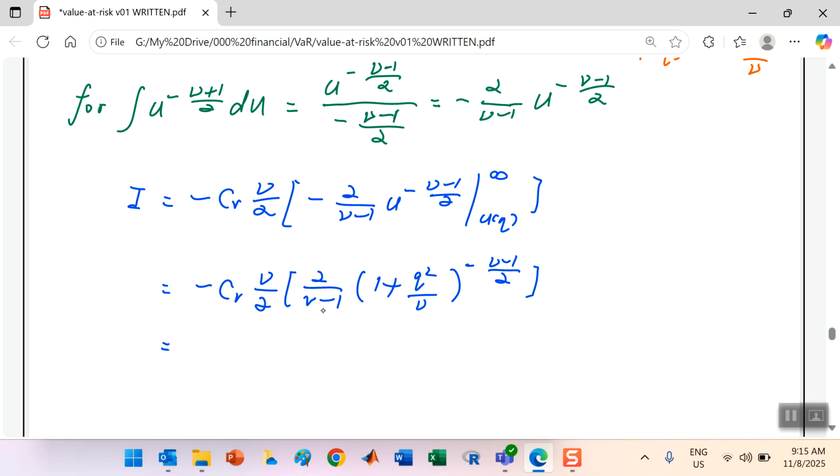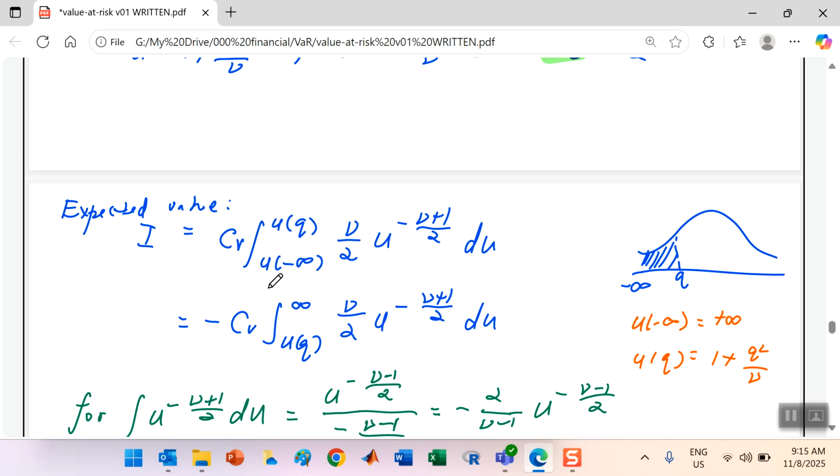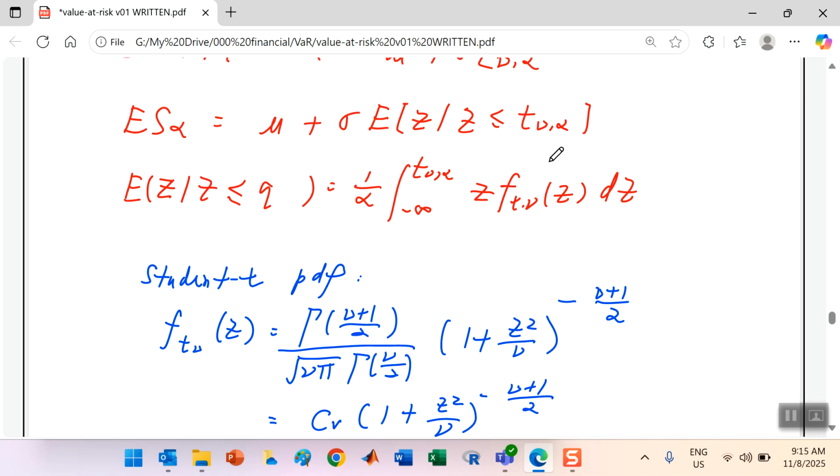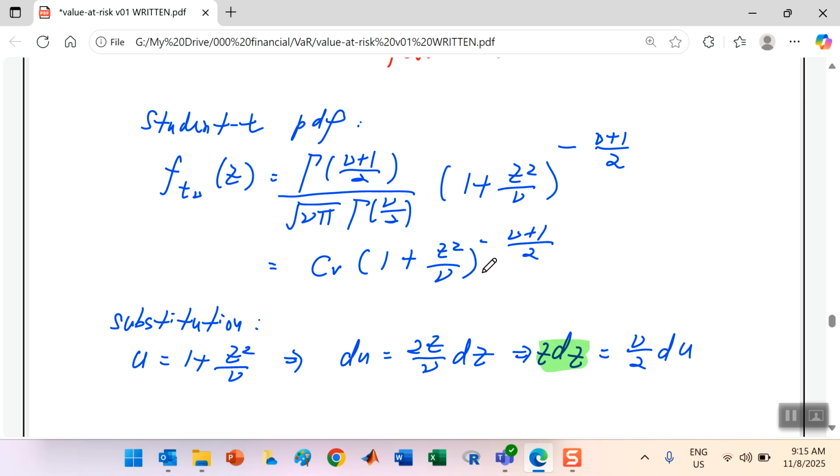In the end, take out the value μ−1, so the 2 will be cancelled. So we can simplify the result. This is our expected value for this particular part. You just divide by alpha afterwards.